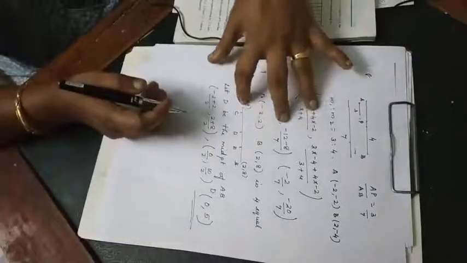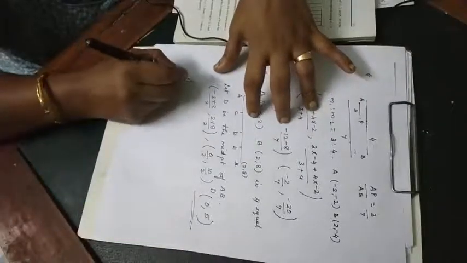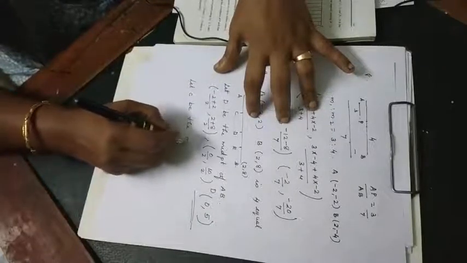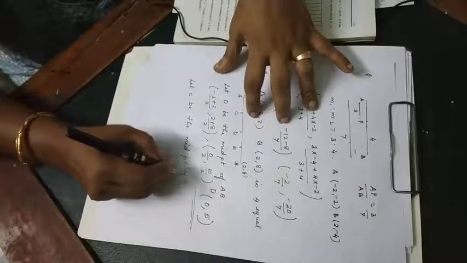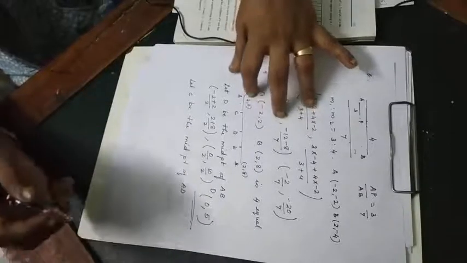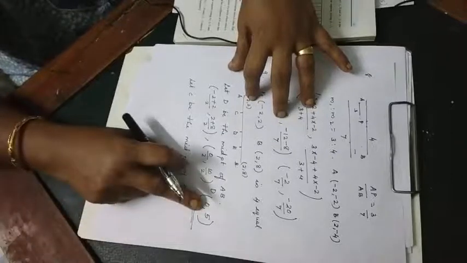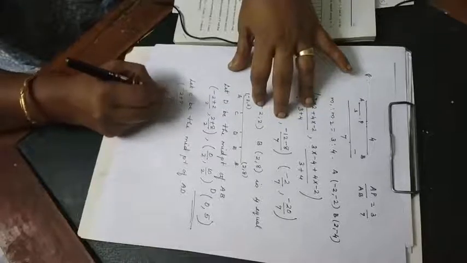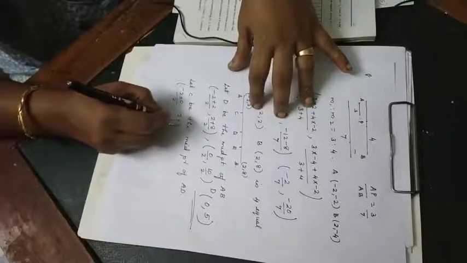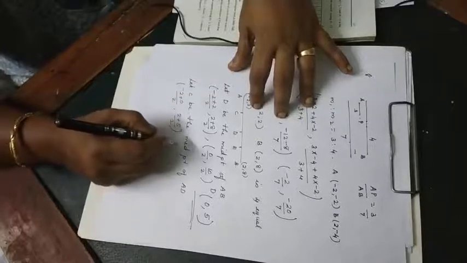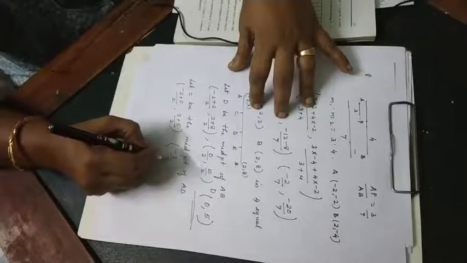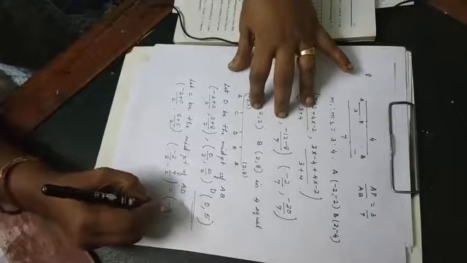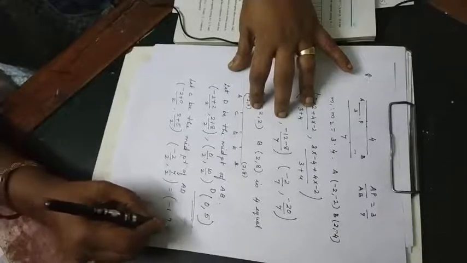Now find the coordinates of C. Let C be the midpoint of AD. Now what is A? This one. D is this one. So coordinates will be (-2 plus 0) divided by 2, (2 plus 5) divided by 2, or -2 by 2 and 7 by 2. Negative 2 by 2 means negative 1, and 7 by 2.